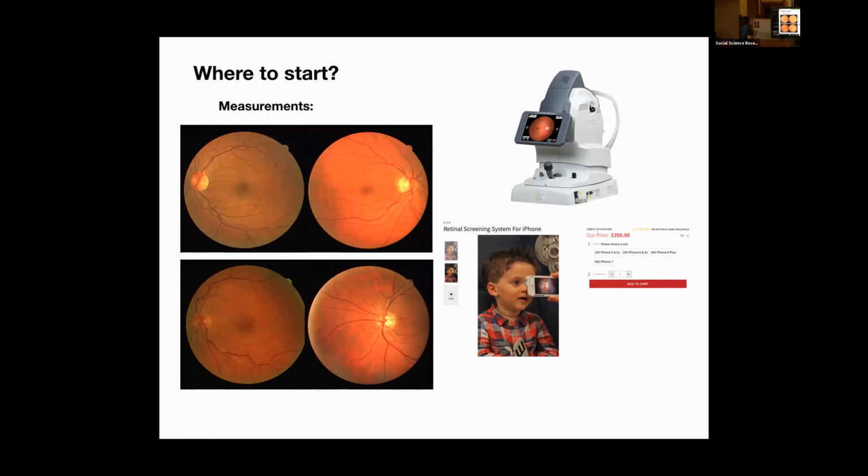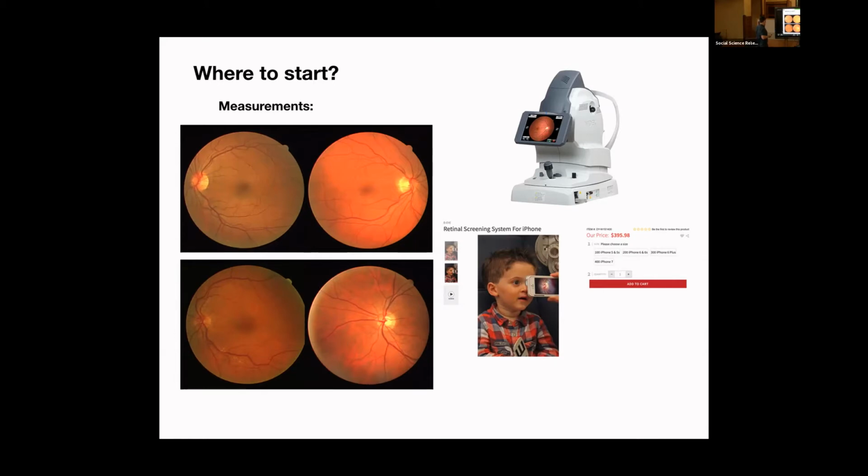So the aim of this project is, like I said, to develop a treatment for that, in which a patient goes in, they make some measurements, and then from those measurements, you can have a diagnosis and a prognosis. So where do we start? Well, you first start by making these measurements.